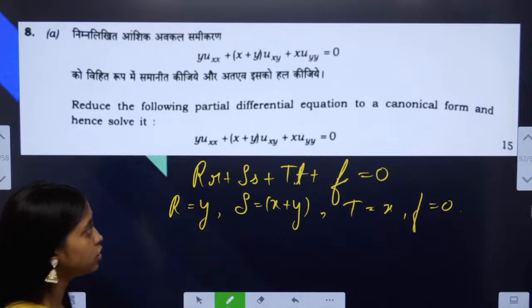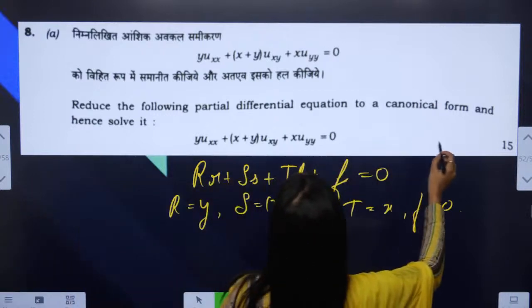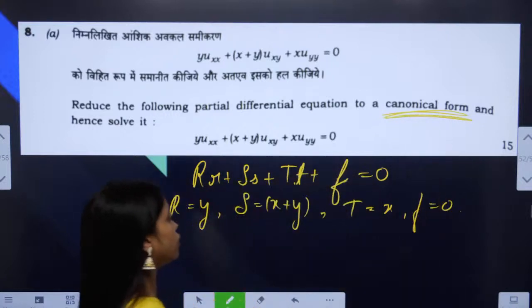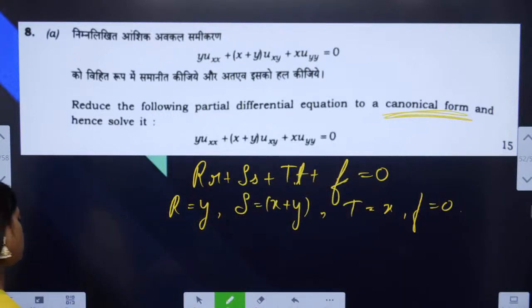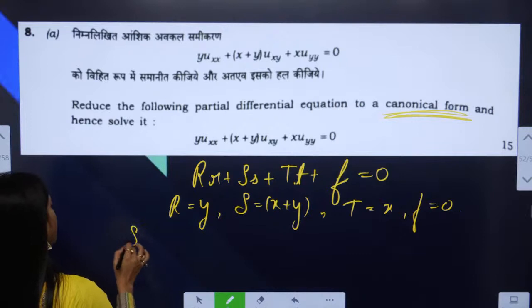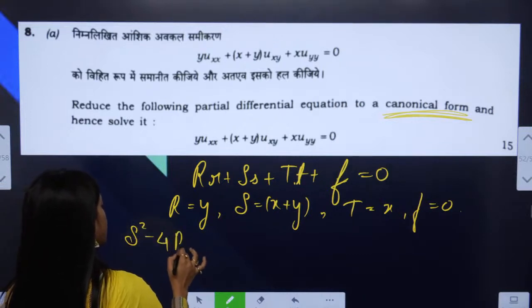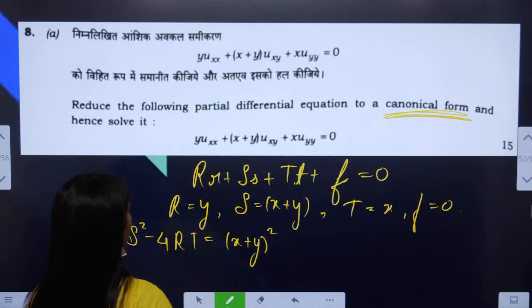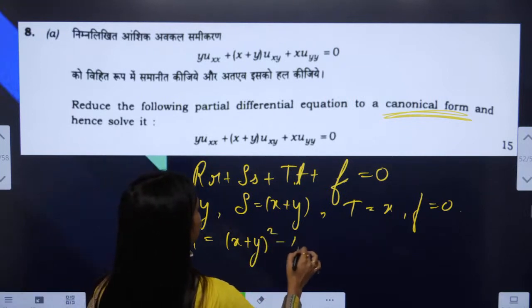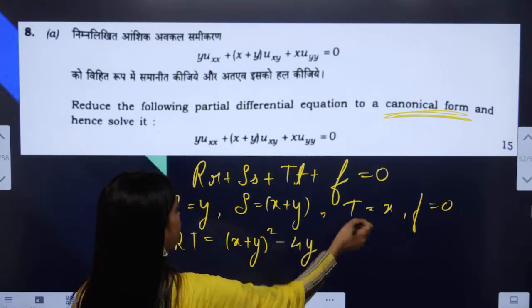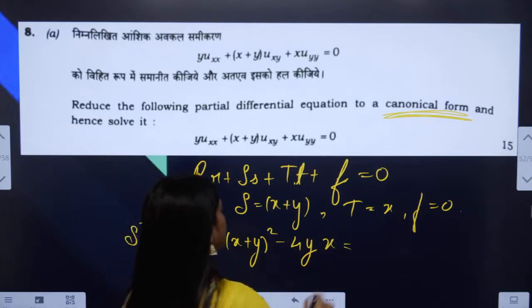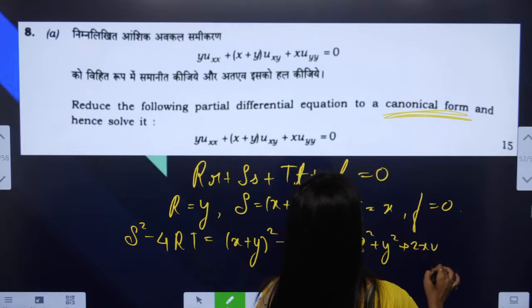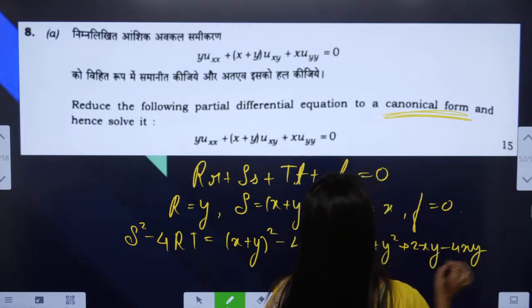After that, because the canonical form is required, reduce the partial differential equation to the canonical form. How to start that? S square minus 4RT. So, it becomes x plus y whole square minus 4 times y times x. So, it becomes x square plus y square plus 2xy minus 4xy.